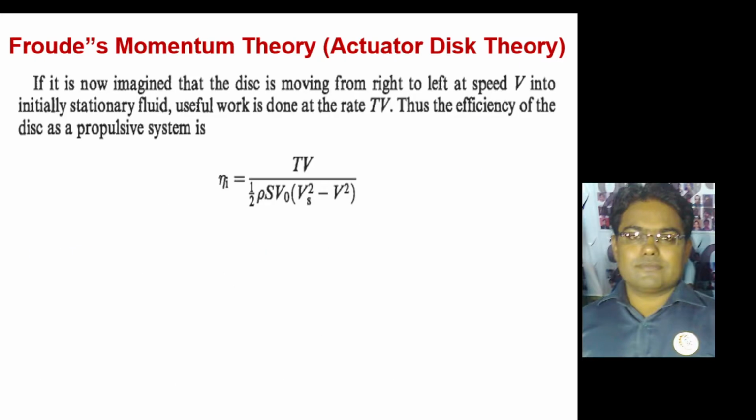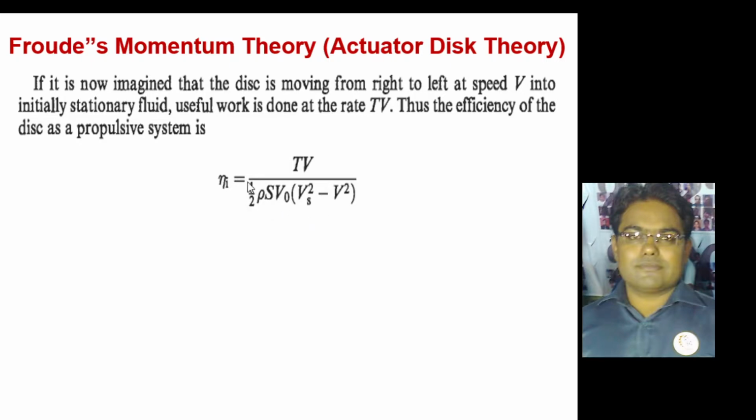So now we can define the efficiency. So efficiency is nothing but thrust into velocity, which is the power available, over the input. So the input energy is this half rho s v naught (vs square minus v square). This is the incoming kinetic energy getting converted into thrust. So thrust into velocity is called the available power generated by a propeller, divided by the incoming kinetic energy which is entering.